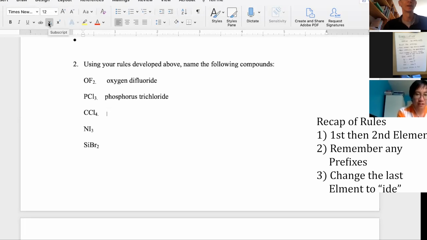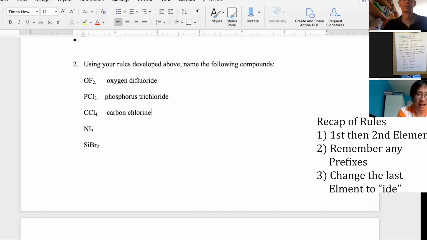All right. So the first element is carbon, and there's only one of them, so we can just type out carbon. And then the next one is chlorine.